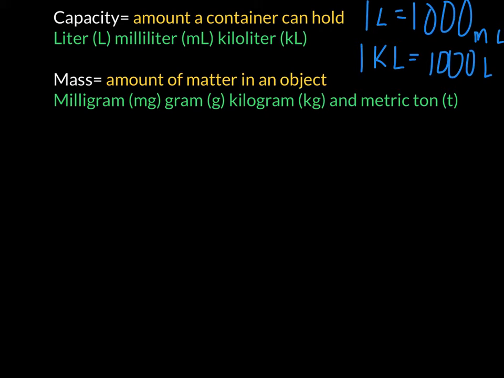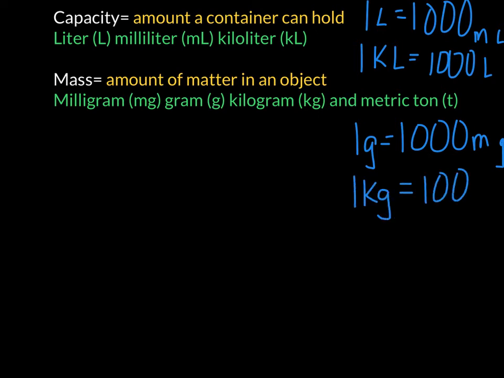So you'll want to copy those down. Also, we know that 1 gram equals 1,000 milligrams, and 1 kilogram equals 1,000 grams. 1 metric ton equals 1,000 kilograms.